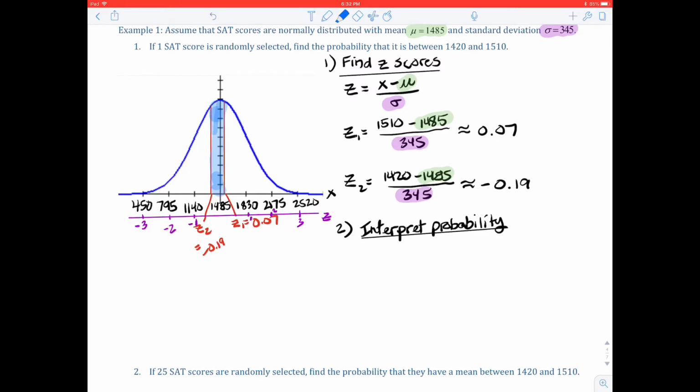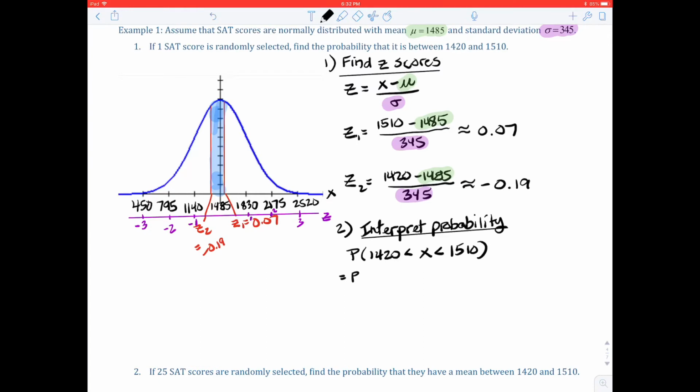And the cool thing is that, what did we learn before? We learned the way to find this was how. So the X scale says we're looking to find the probability that we randomly select one test score, and we get between 1420 and 1510.